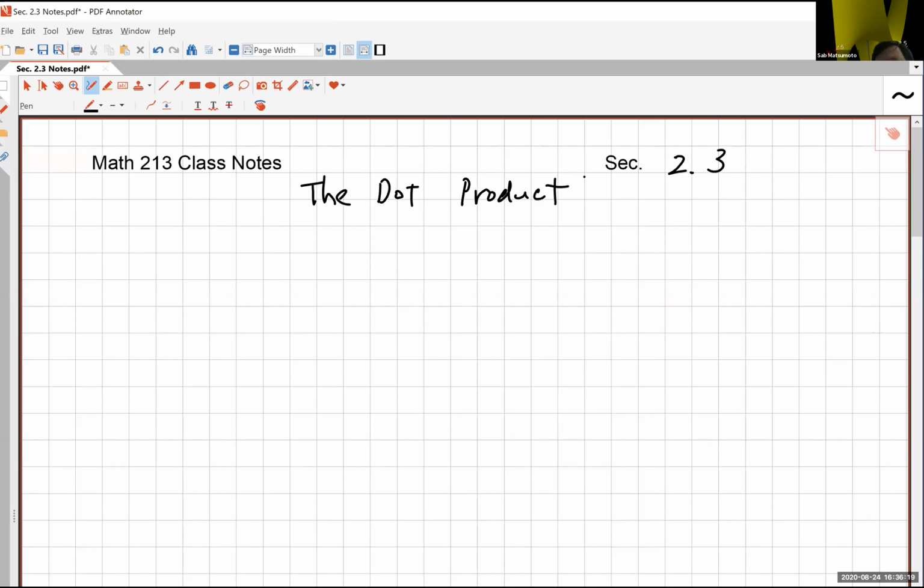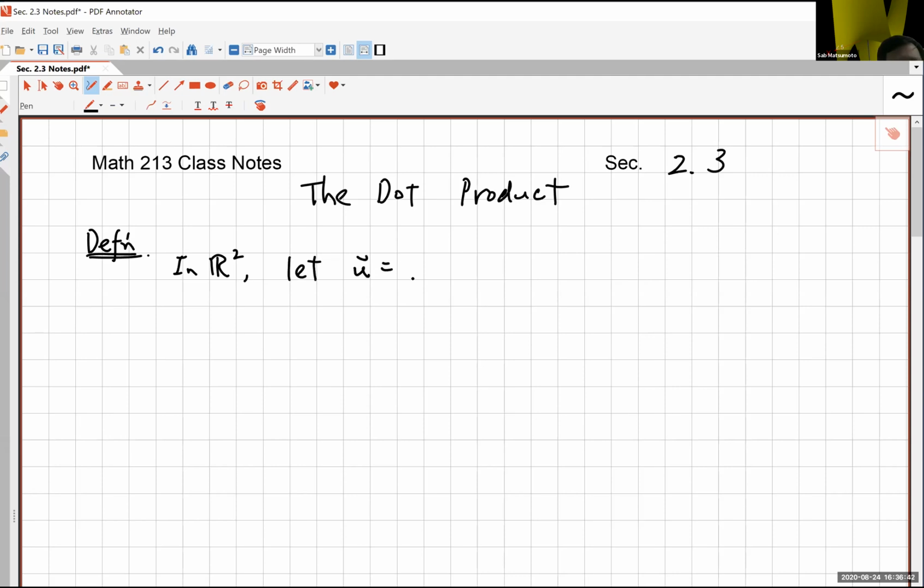Okay, so the section 2.3, the dot product, and this works in basically any dimension, 2, 3, 4, or any sort of n-dimensional vector space. All right, so I'll first give you the definition of this. Again, some of you may have seen this already. In R2, I'm going to give you two two-dimensional vectors first.